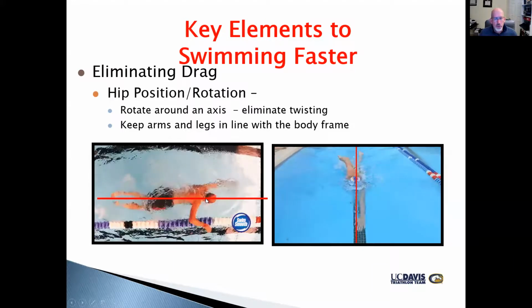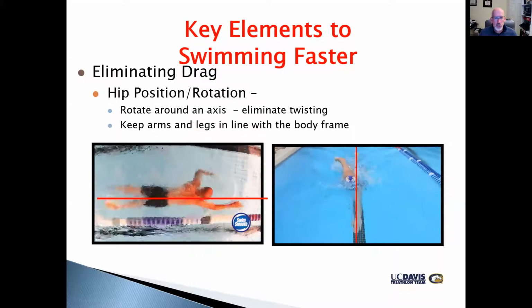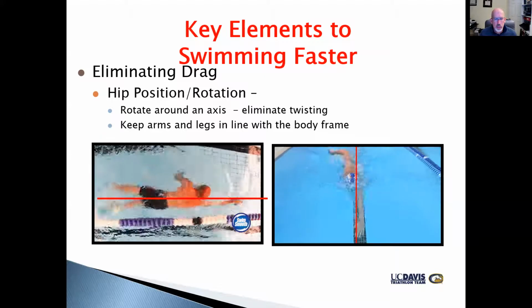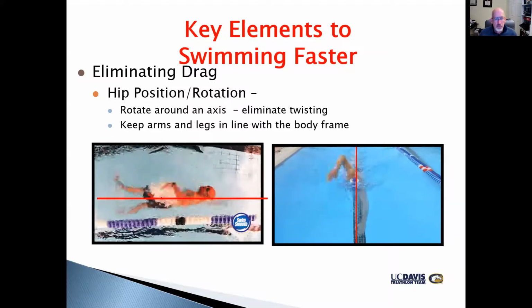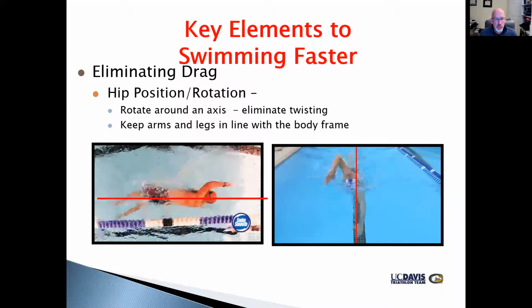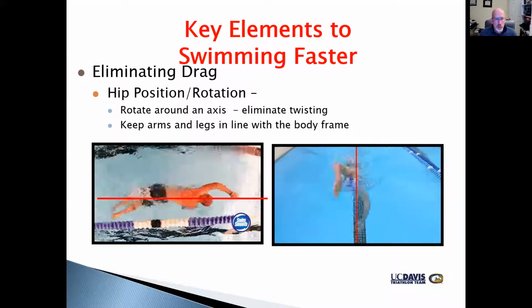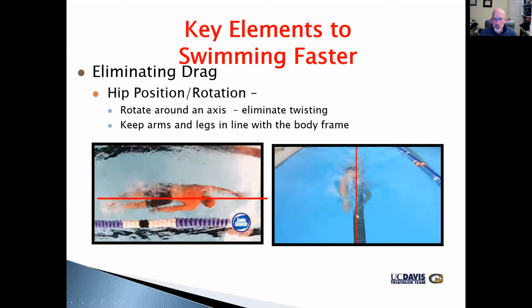If you have a nice rotation around that axis without a lot of twisting or torquing motion, you're going to be much smoother, create a lot less drag, and frankly, you won't expend nearly as much energy getting yourself down the pool, which is what is happening to this individual here on the left versus the individual here on the right.